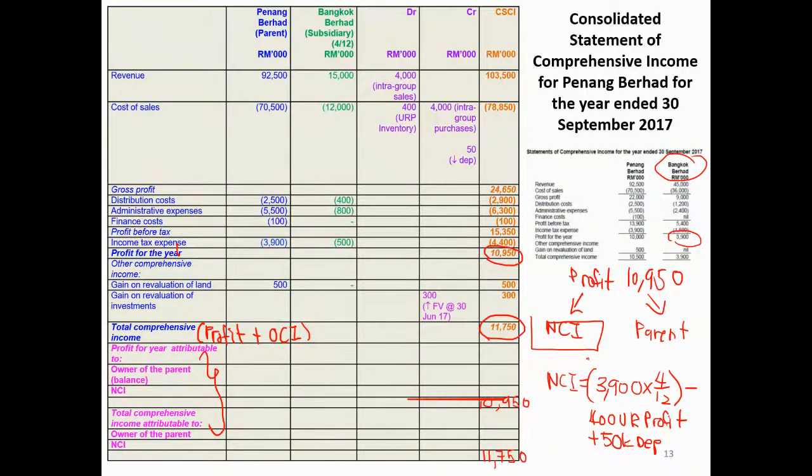And then only this whole formula times 20% because NCI owns 20%. Okay. So what I want you all to do now is take your calculator, key in the formula, and then tell me what is the answer for NCI. I give you all a few minutes to put in your equation.